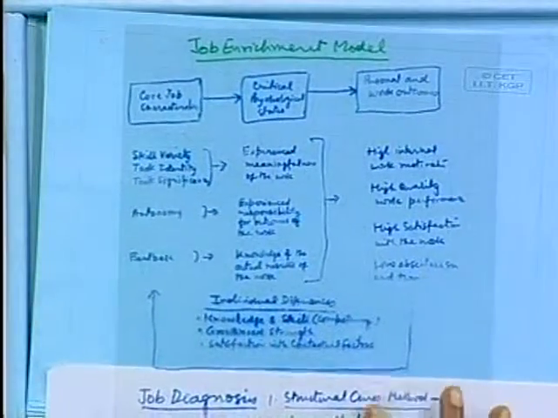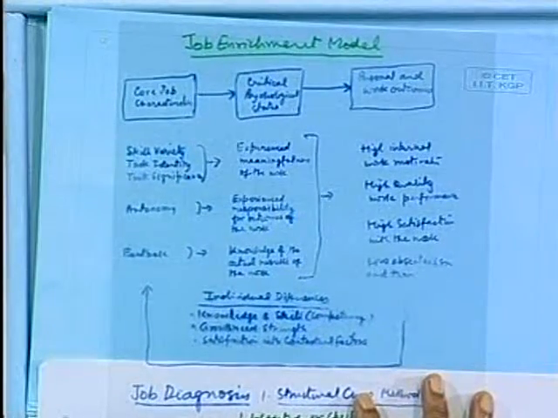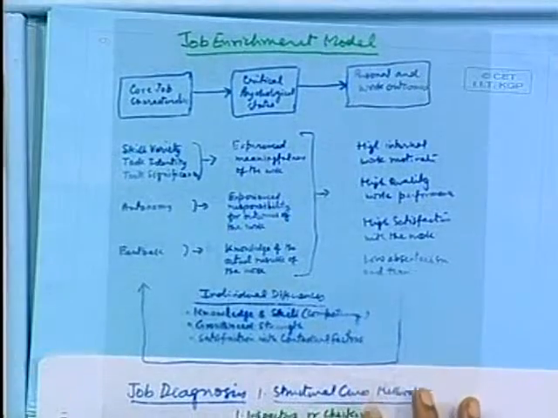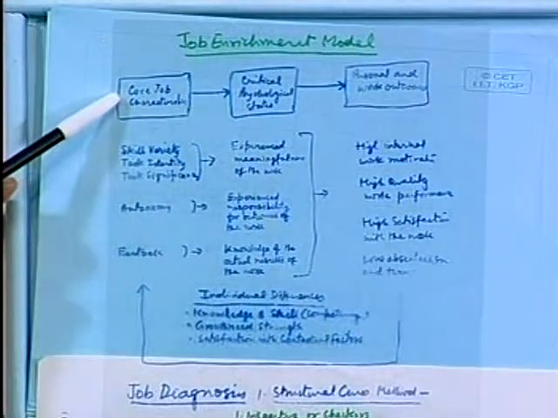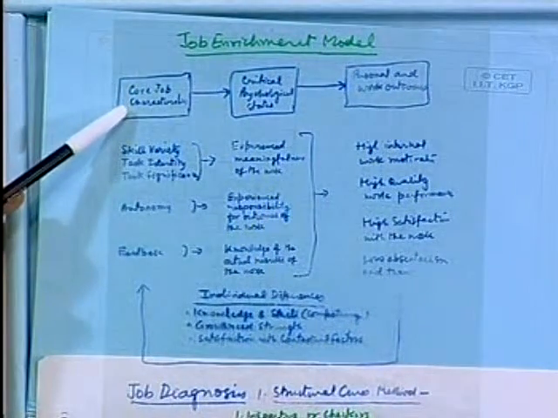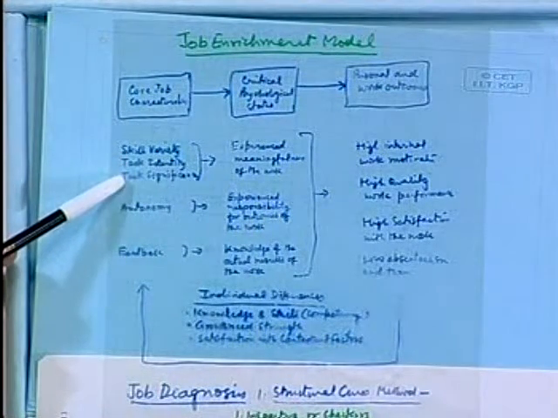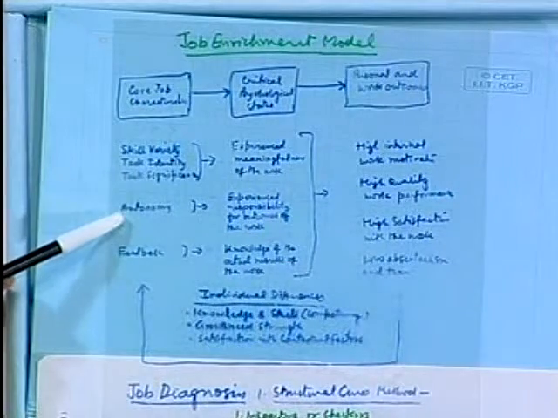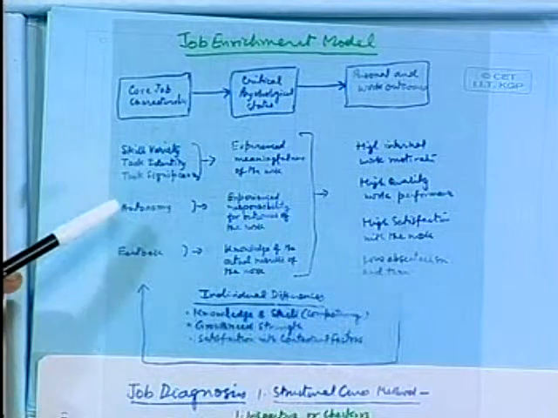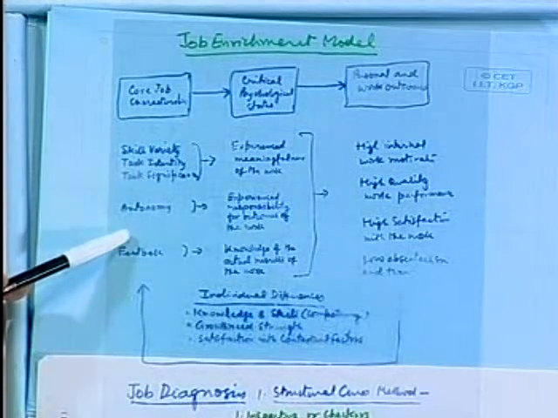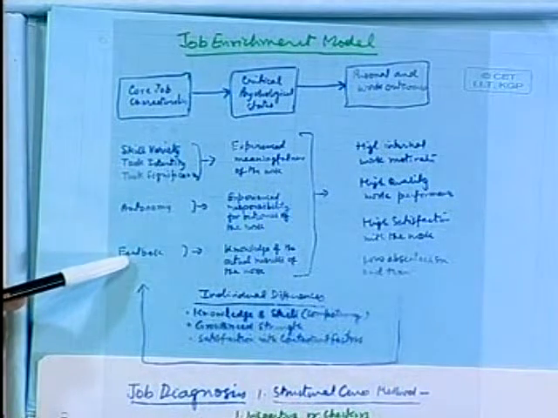If you look at this model, there are certain characteristics associated with the job: skill variety, task identity and task significance. Another very important factor is autonomy, and then feedback. These are the characteristics which you associate with the job.